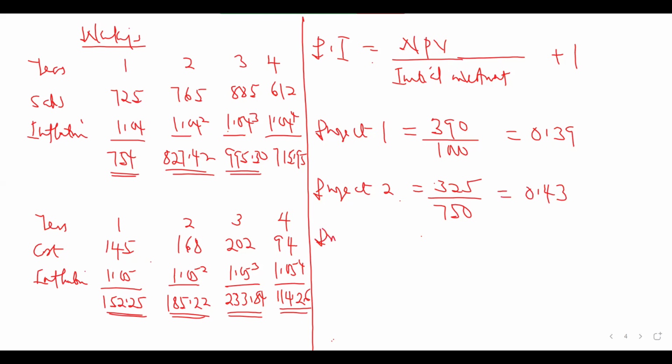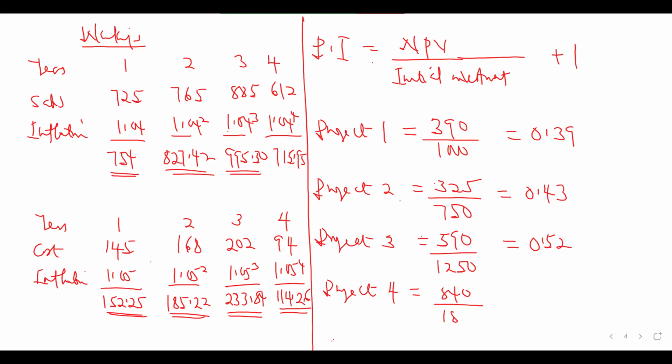Let's come to project 3: 590 divided by 1,125. What are we having? 0.52. Project 4: 840 divided by 1,850. What are we having? 0.45.